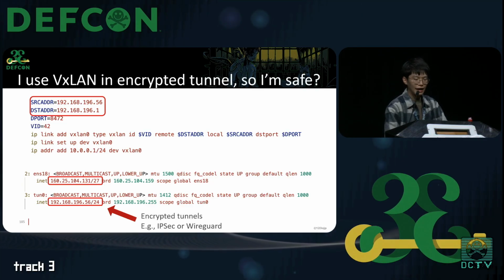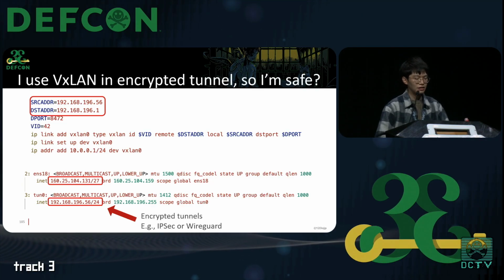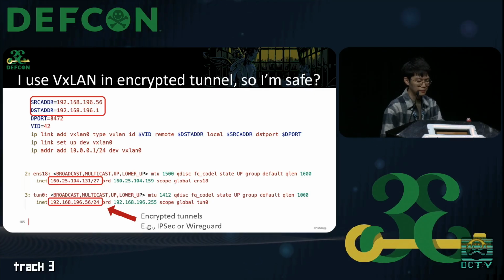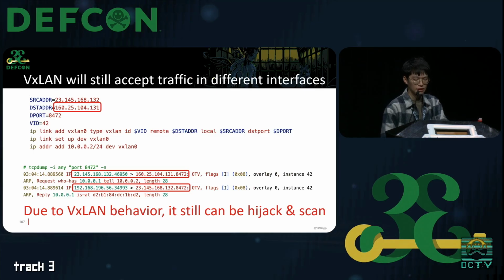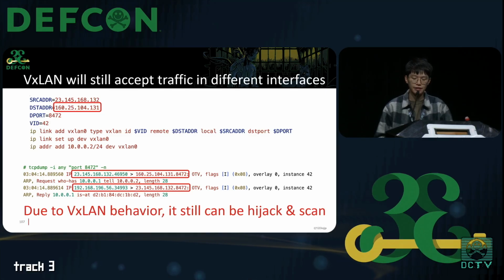So, if I use VXLAN in an encrypted tunnel, am I safe? The answer is no. VXLAN still accepts traffic on different interfaces. So if you have a public IP interface and you also create a VXLAN interface, it can be scanned and hijacked.